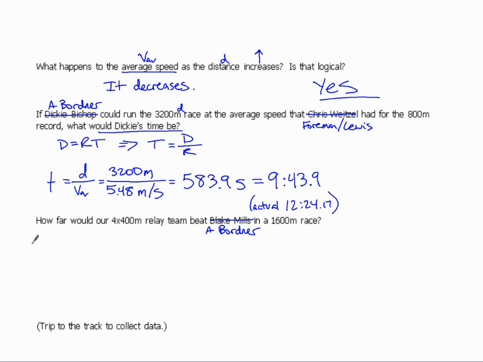We have to know how much faster they got to the end. So, time is distance over average velocity. We're going to do this for both this record, individual, and the 4x400. They are both at a distance of 1,600 meters. So I'm going to fill in both of these as we go along.